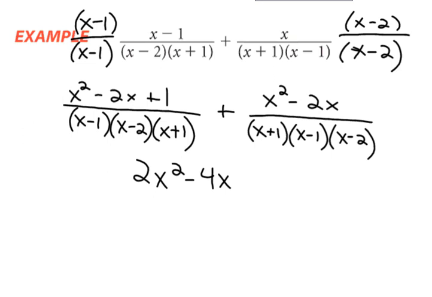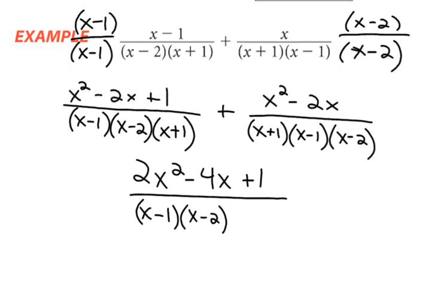And then we have the constant plus 1. There's no constant in the other to combine that with, so it'll just stay plus 1. And we keep our common denominator, x minus 1 times x minus 2 times x plus 1.